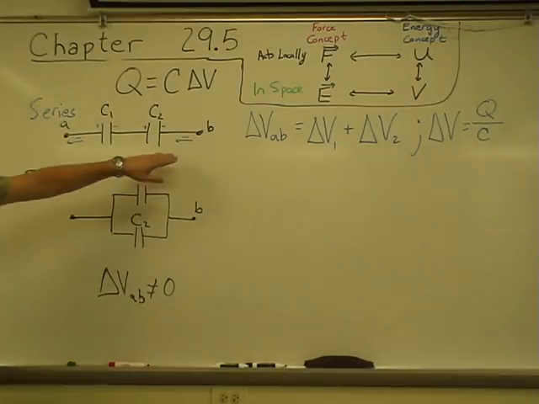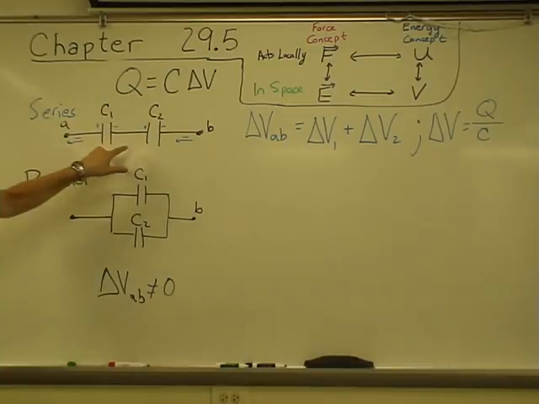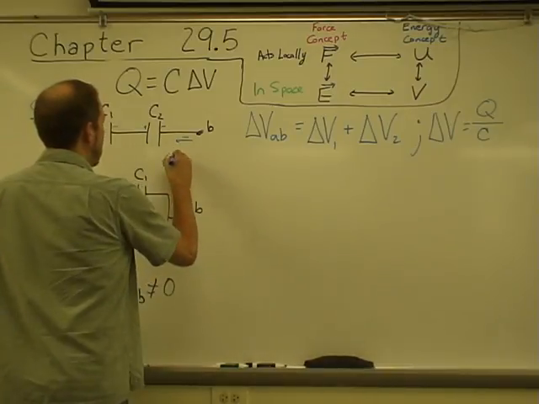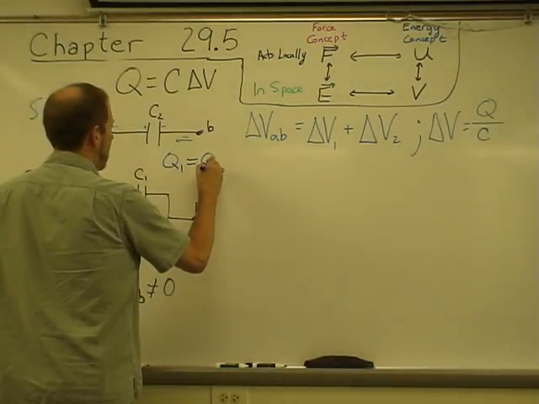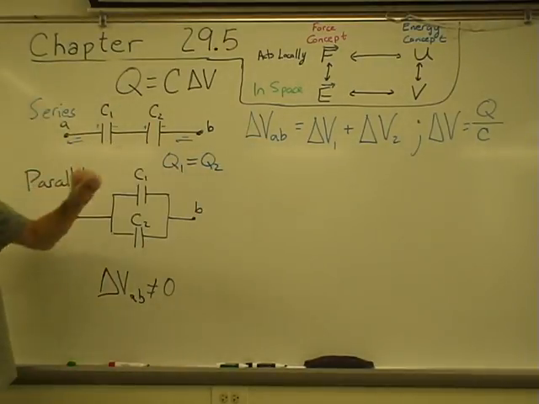And as electrons move through, building up on these plates, the amount of charge on each capacitor has to be the same. The charge on capacitor 1 has to be equal to the charge on capacitor 2.